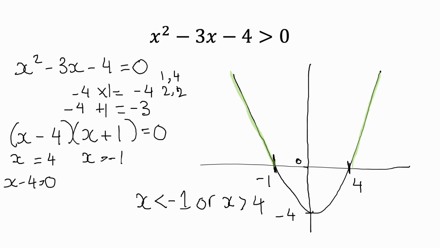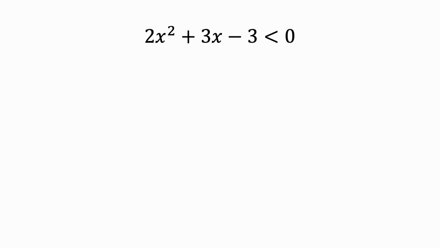Next one here. Now we've got something a little bit harder: 2x squared plus 3x minus 3 is less than 0. As we did before, change the inequality to an equals, so 2x squared plus 3x minus 3 is equal to 0, and then we factorize as we normally would.